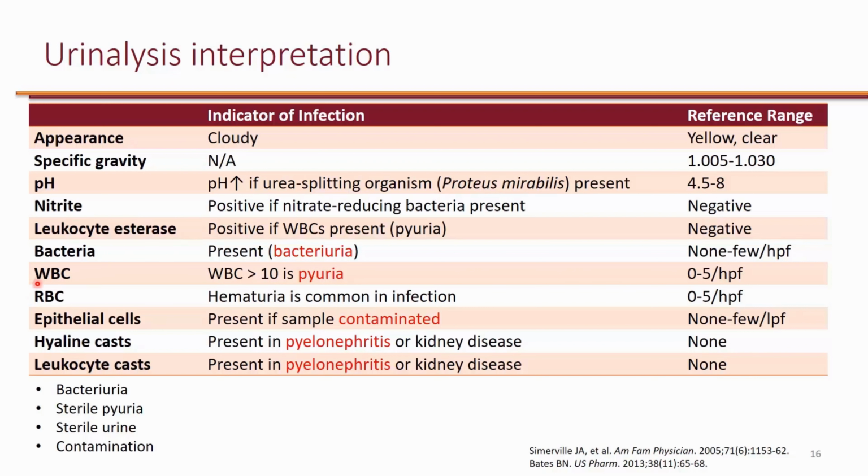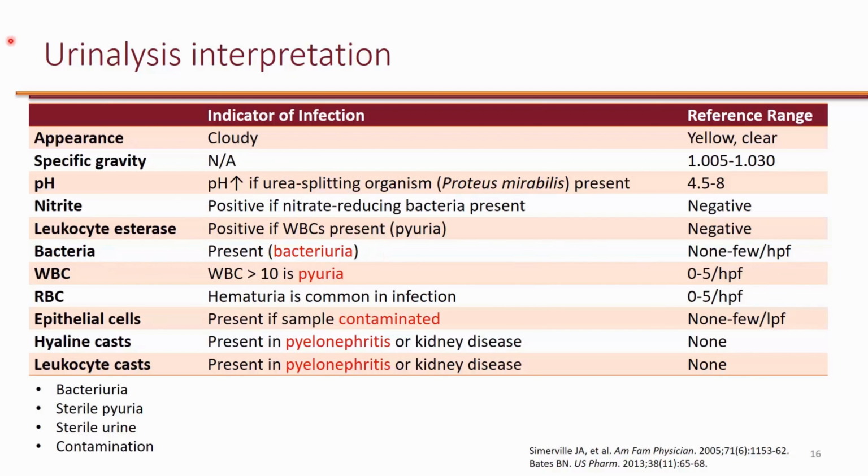in the urine. And you can actually measure how many white blood cells are in the urine. The exact definition of pyuria is more than 10 white blood cells, and then we call this pyuria. Of course, you can also see if there are bacteria in the urine. The presence of bacteria we call bacteriuria.